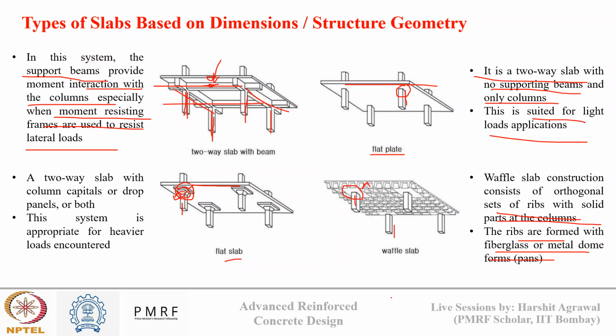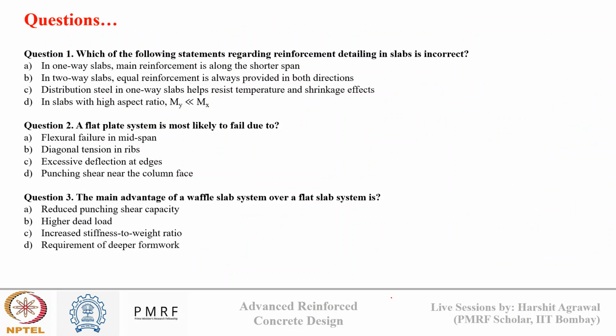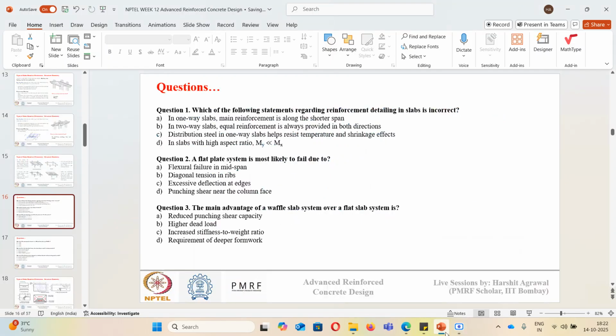Now based on this basic understanding about slabs and their different dimensions, just try to answer these simple questions. In the meantime, if you have any doubt related to the discussion that we have had till now, you can ask. So what will be the answer for the first question?